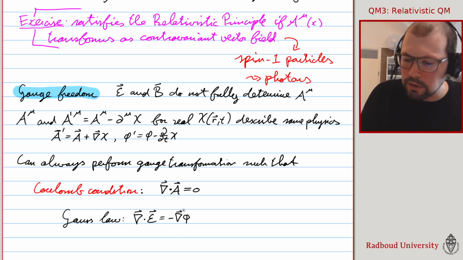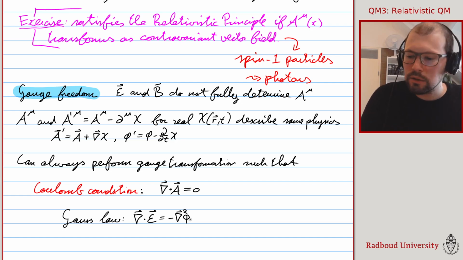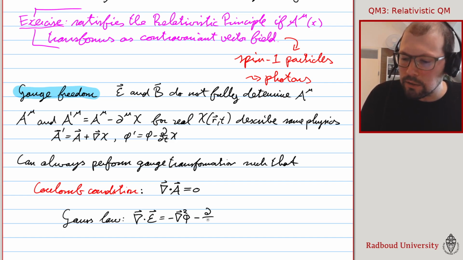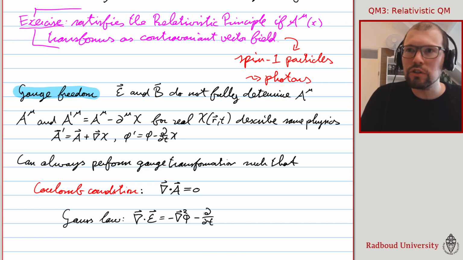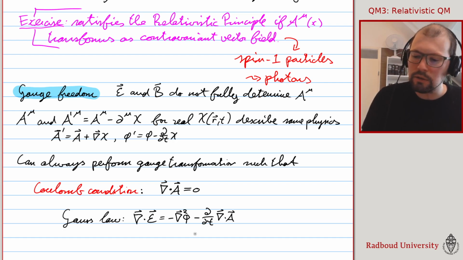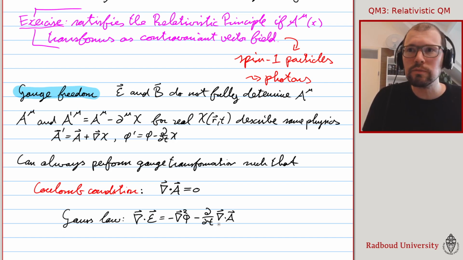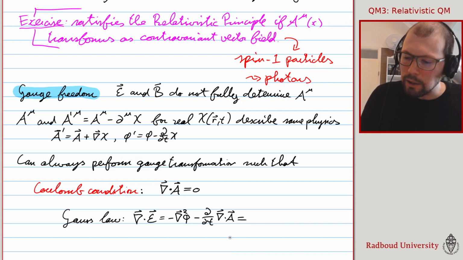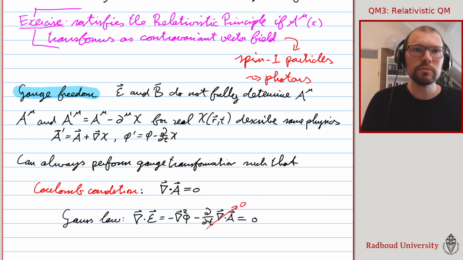Well, it's the Laplacian of the scalar potential minus the divergence of the time derivative of the vector potential, or the other way around, the time derivative of the divergence. This has to vanish, but in our Coulomb condition, this term already vanishes. So Gauss' law tells us that the Laplacian acting on the scalar potential has to vanish.